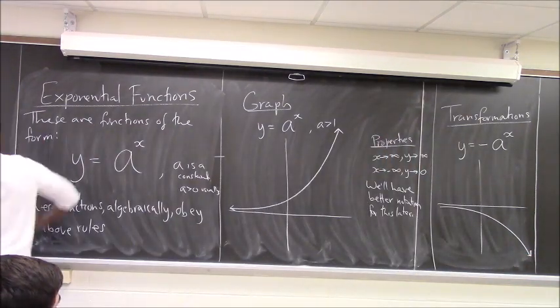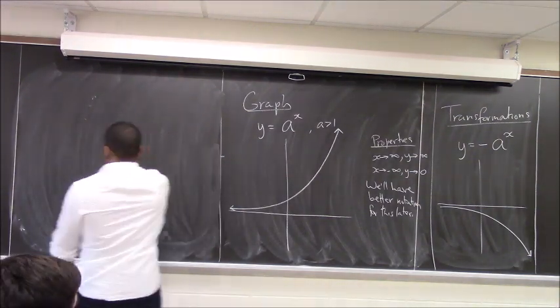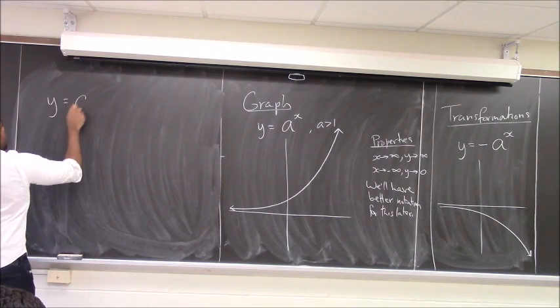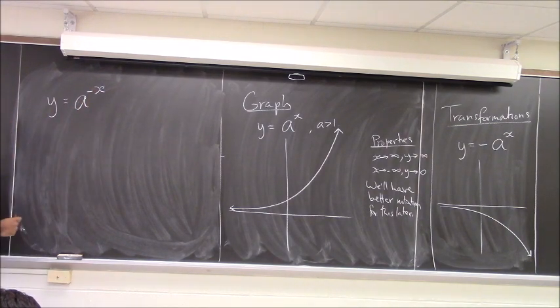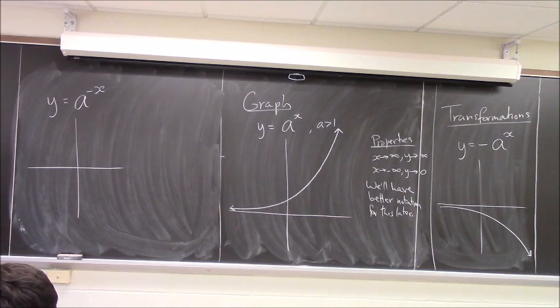What if I had a to the minus x? What would that graph look like? Yeah? Go the opposite way, like of a to the x.